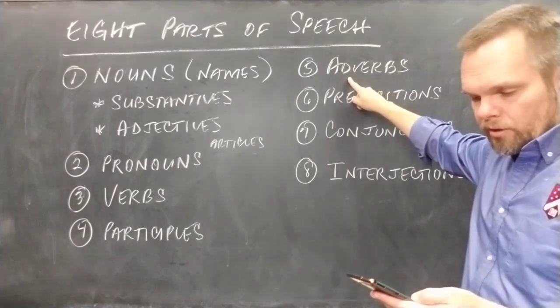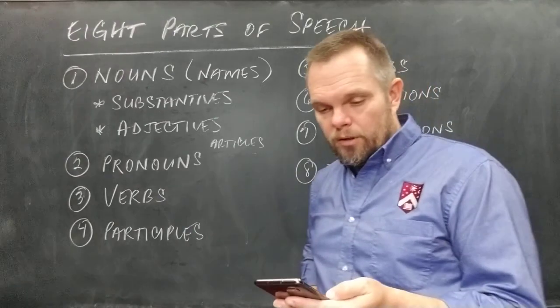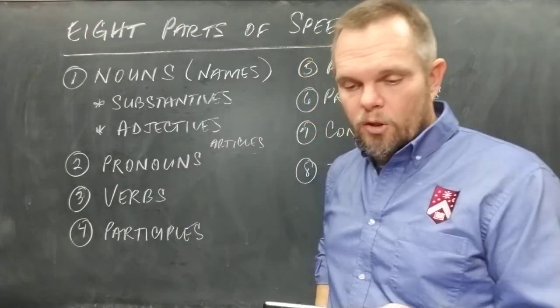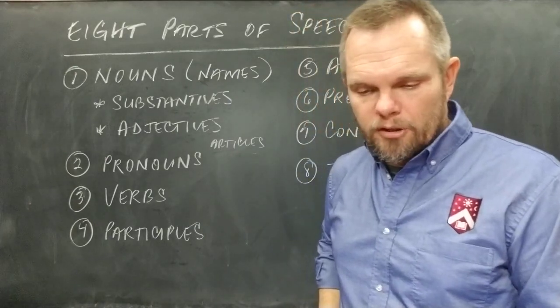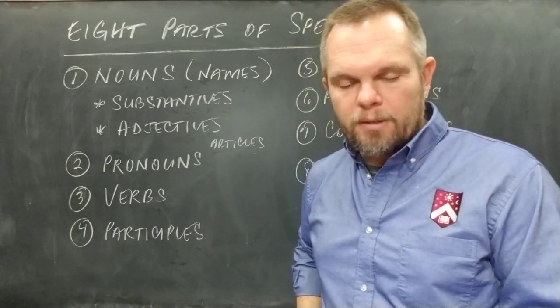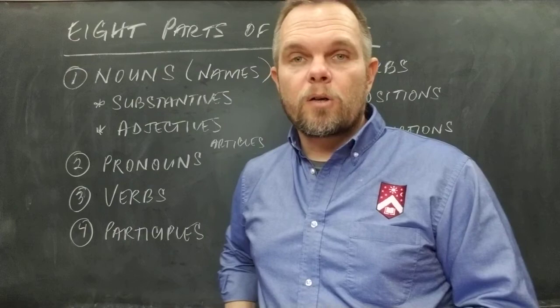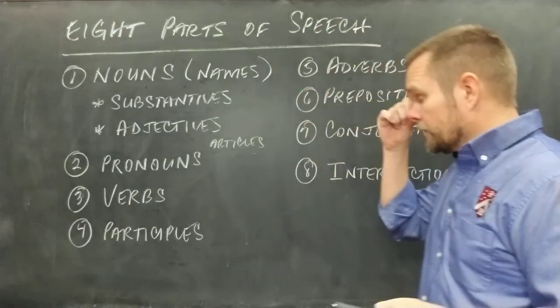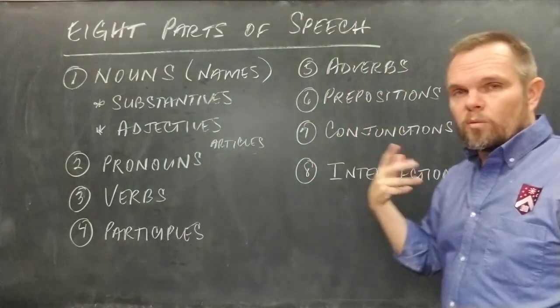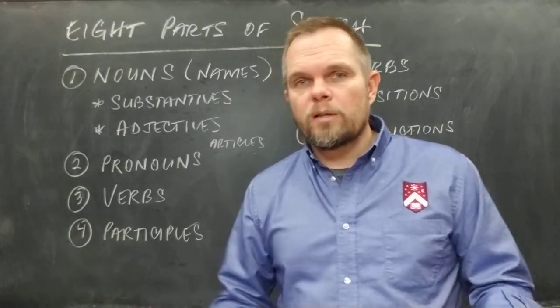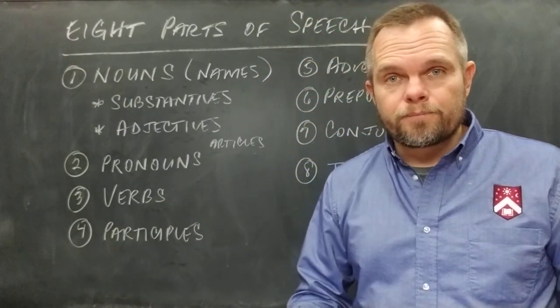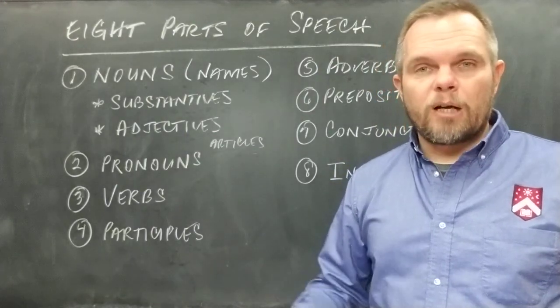Let me read that description again. Such words as add to the notion of a property or action, some circumstance of time, place, or manner are called adverbs. So adverbs are words that add some kind of qualification or manner to a property or action.